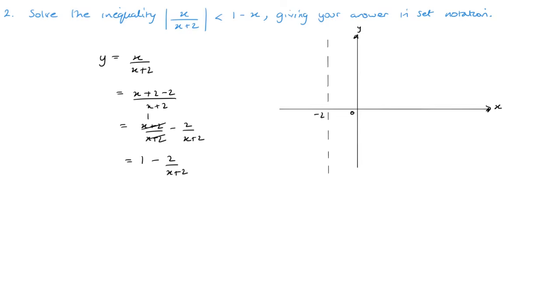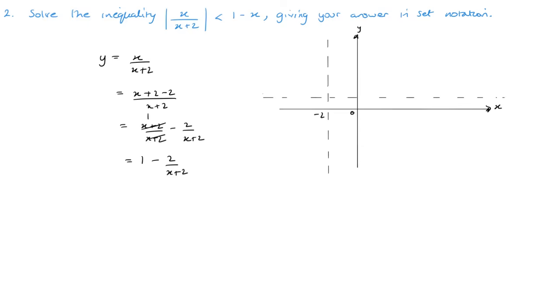Okay, and we're expecting a reciprocal graph here. So we've got our reciprocal graph and we've got it increasing by 1. So it should have a horizontal asymptote of 1.